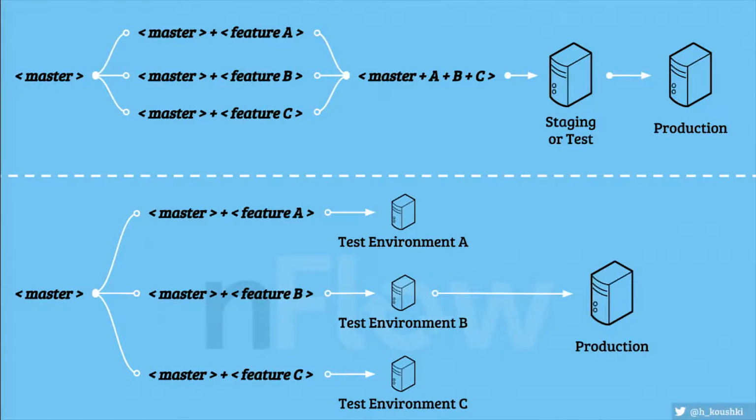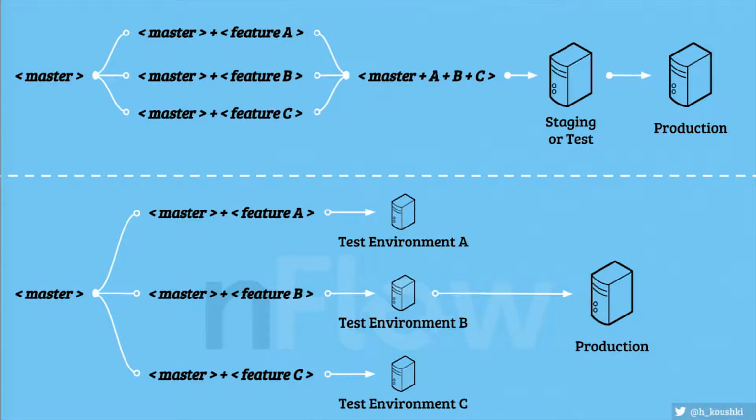Imagine one of them is done, we finish our code, and everybody is happy with feature B, and we want to go to production. In this case, we don't have a staging server because it does not make sense. I forgot to say, the test environment is exactly the same as production at the beginning.